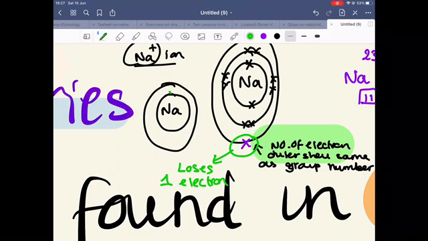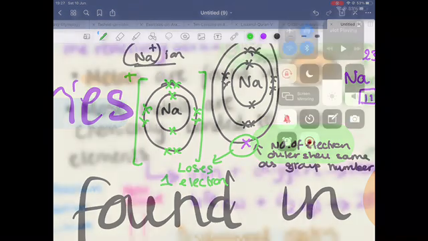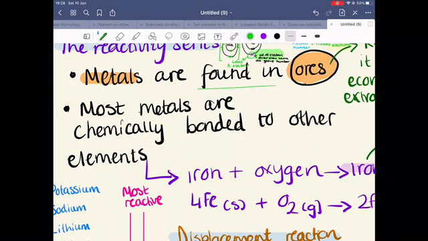And when the atom loses an electron, which is negative, it becomes positive. So sodium has 1 electron on the outer shell. It loses that 1 negative electron and forms a +1 charge. So it completely has lost the outer shell. And so it just has the 2 shells now. And then we show brackets and a charge on the outside to show that it's an ion.